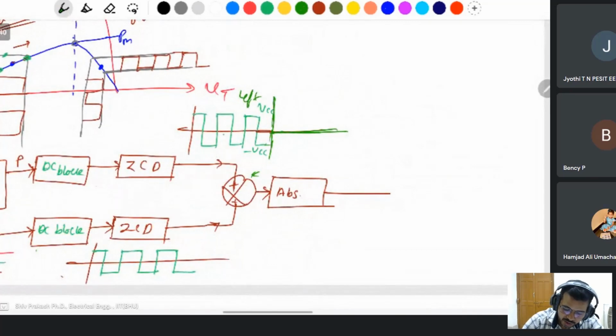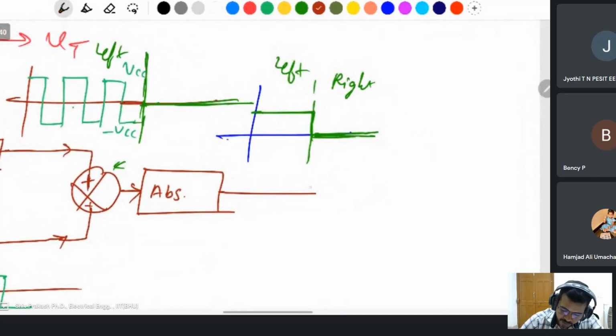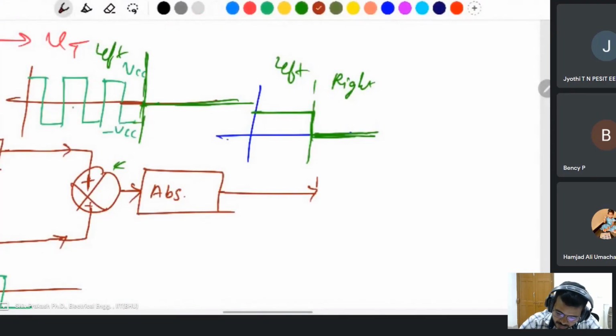Passing through the absolute value, it will be positive. So left, this one, right point. This means you have a pulse, like on and off. Then this value passes through a comparator, where a threshold voltage is there.